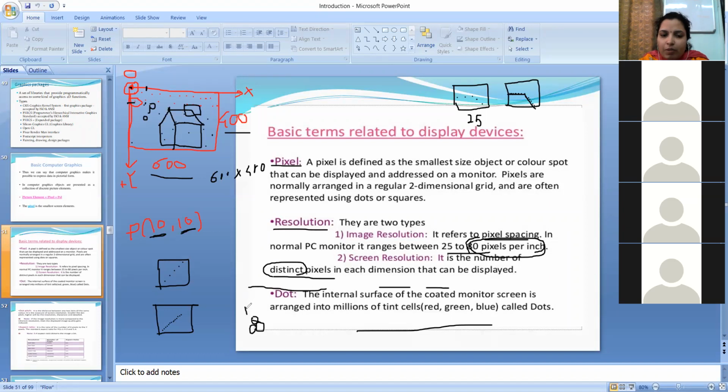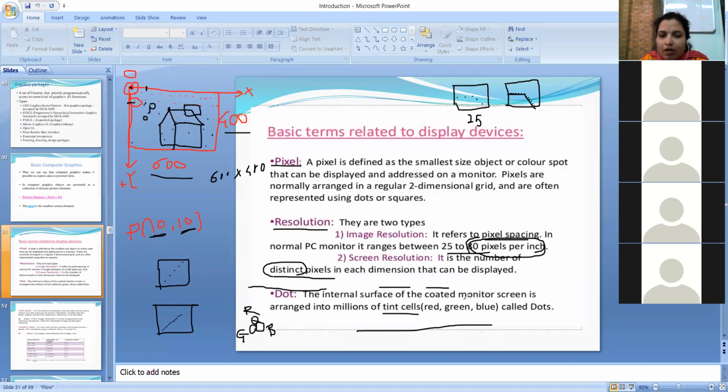Every picture is displayed in terms of these 3 colors. Every such tint cell, that is, such color cell, is called a dot. So that is the definition of the dot.